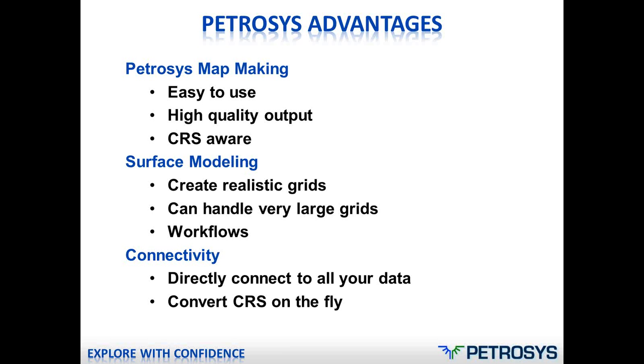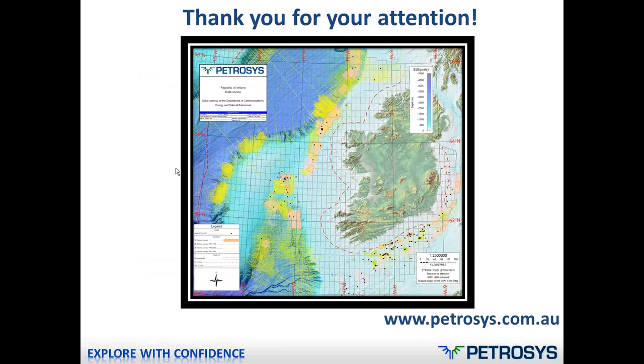Our surface modeling module can create realistic grids and can also handle very large grids. And you can create workflows where you can organize all your processes. Connectivity is one of our great advantages as well. It allows you to connect directly to all your data, and it also converts all the CRSs on the fly. So thank you very much for your attention.